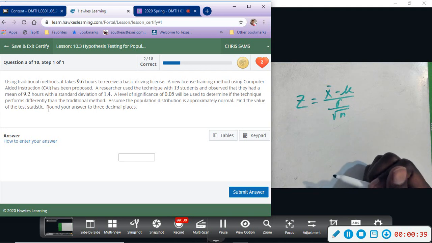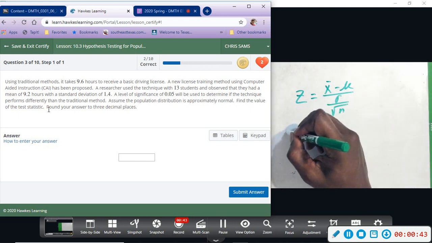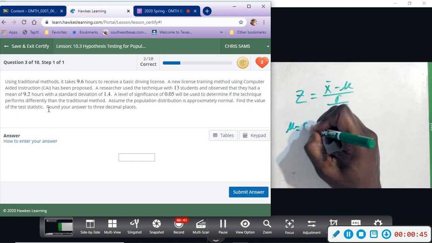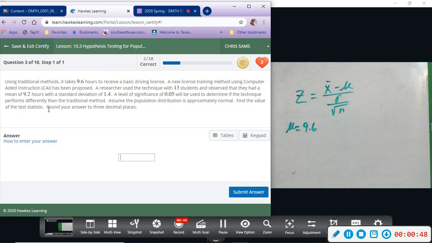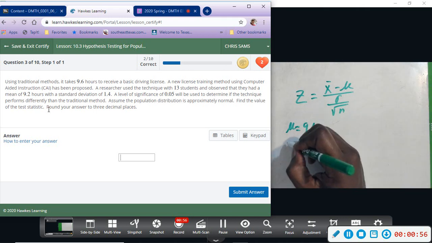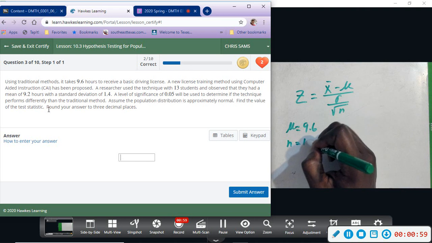It says it traditionally takes 9.6 hours to receive a basic driver license. So my mean is 9.6. A new method has been proposed. The researcher used 13 students, so n is equal to 13.